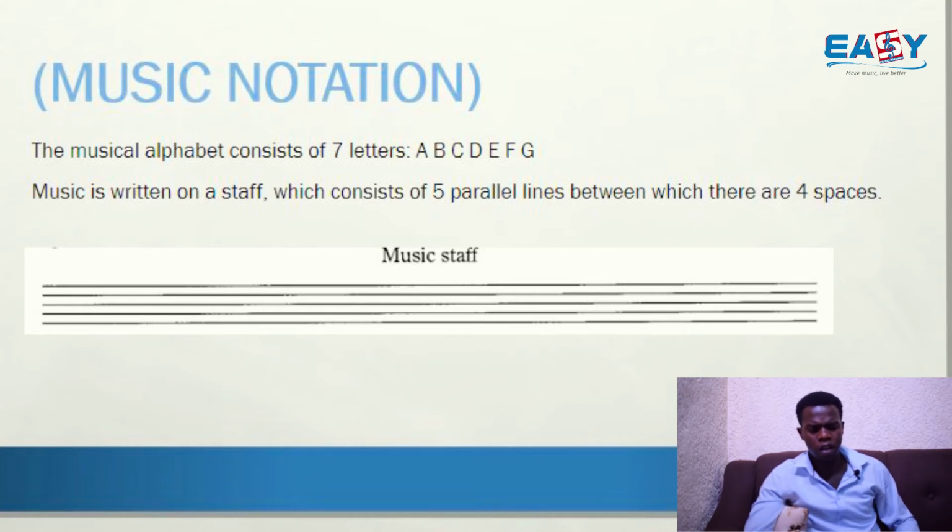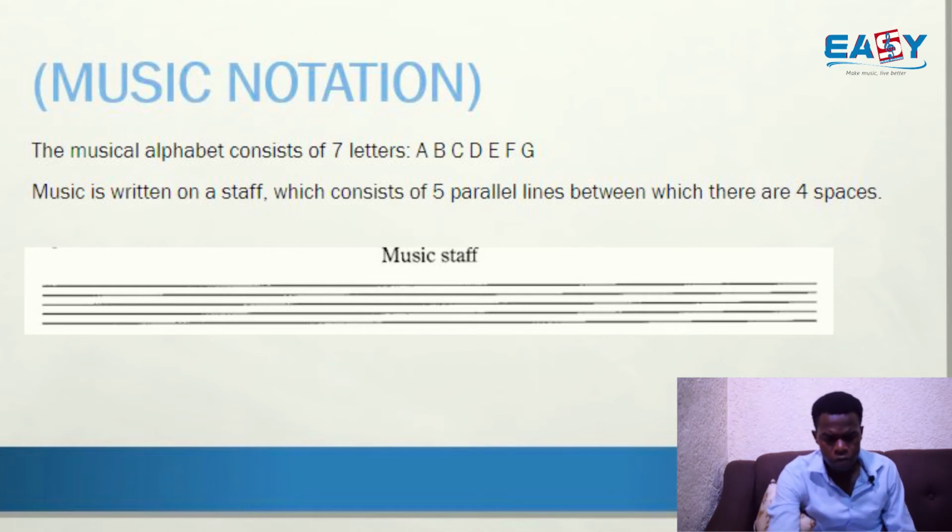Music is written on a staff in music notation, and the staff consists of 5 parallel lines with 4 spaces. So whether it's a space or a line, each counts as 1 note.